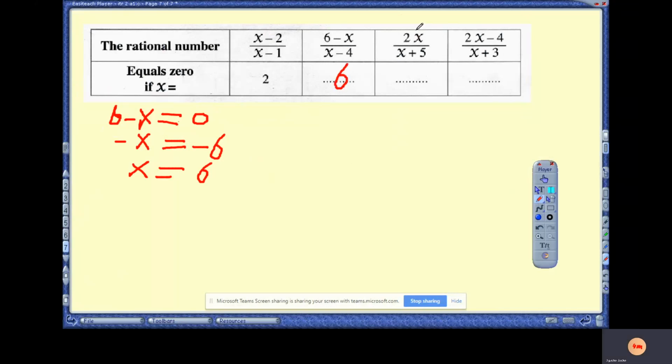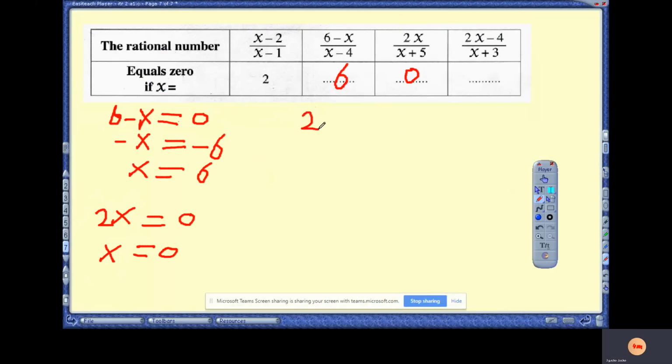The next one, 2x over x plus 5. You will put 2x equals 0. Then x equals 0 divided by 2, which is 0. And here, 2x minus 4 over x plus 3.